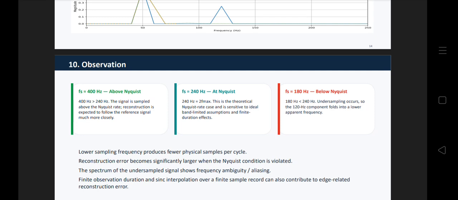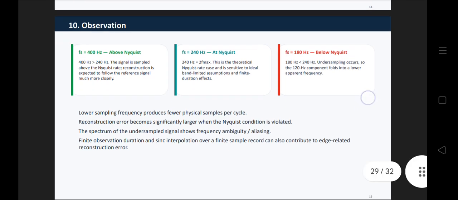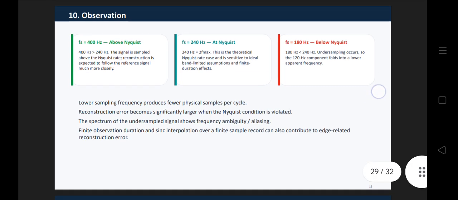At 180 Hz, which is below 240 Hz, undersampling occurs and the 120 Hz component falls into a lower apparent frequency. We can also see that a lower sampling frequency means fewer physical samples per cycle, and the reconstruction error becomes larger when the Nyquist condition is violated.